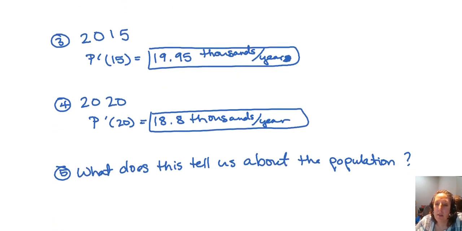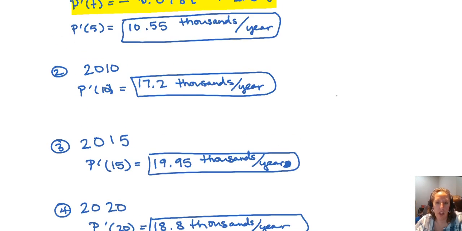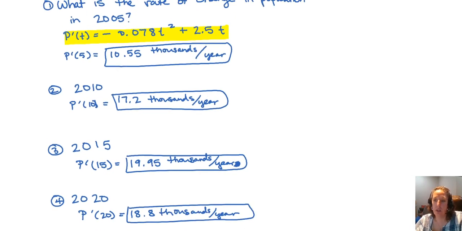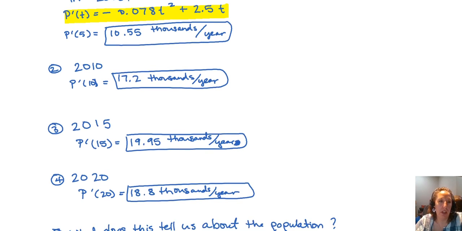So what does this tell us about the population? If we go back and look at those numbers, in 2005 we had 10,000. In 2010 it grew at a rate of 17,000. In 2015 it grew at a rate of 19.95, almost 20,000.